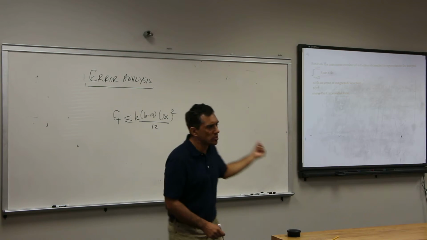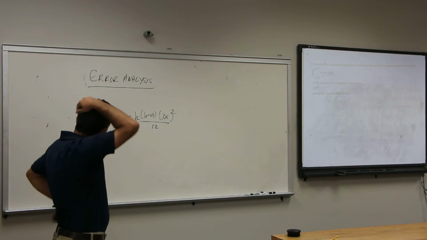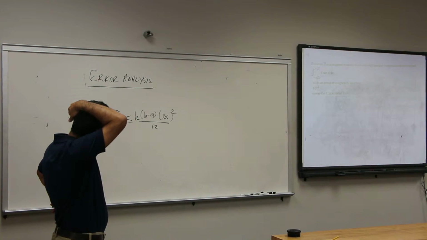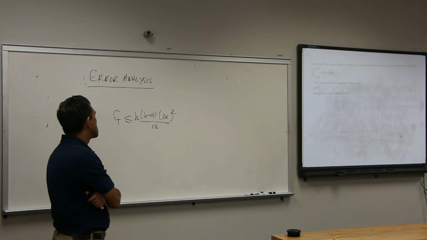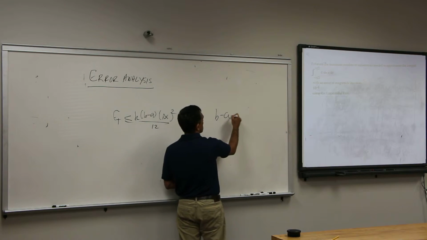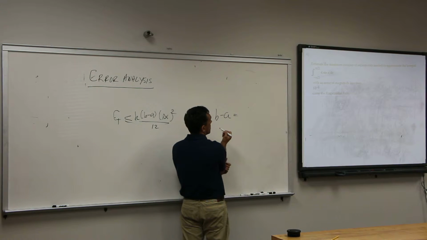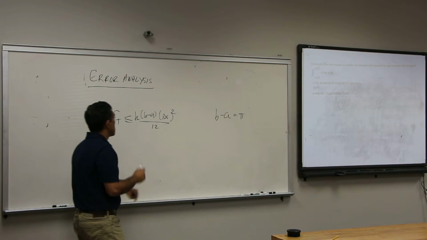So, how am I going to use this formula? Find delta x. It's an output. So I know what b minus a is. What is b minus a? Pi over 2 minus negative pi over 2, which is pi.